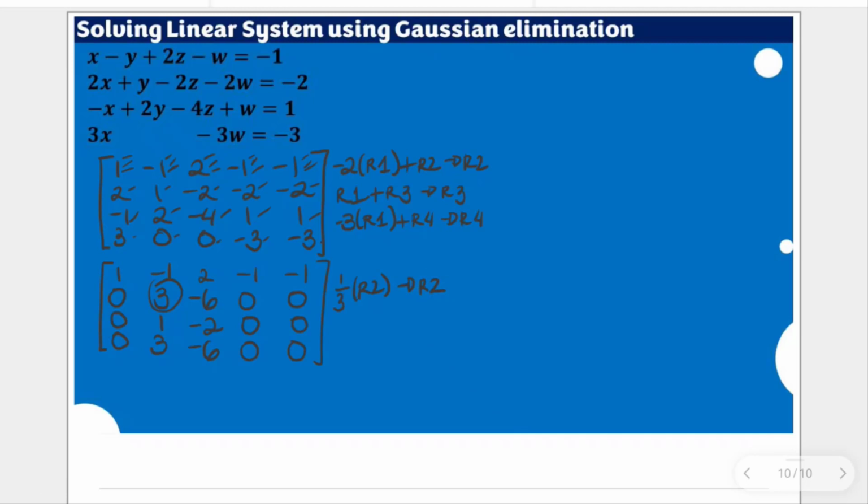Okay, and then let's do it first. We could of course try to inject other operations to make these zeros here, but since it might involve a lot of fractions, let's just do this with this operation alone. So you have 1, negative 1, 2, negative 1, negative 1.